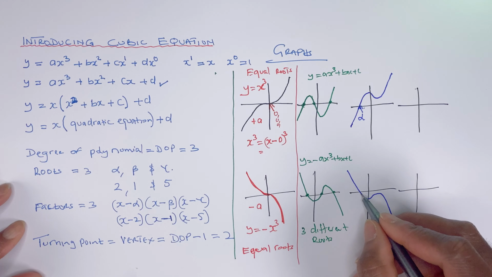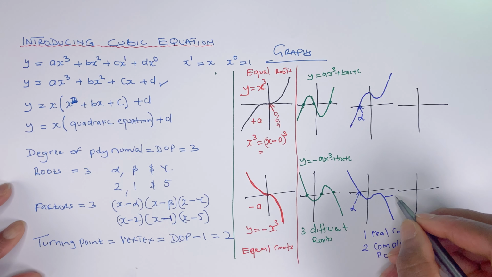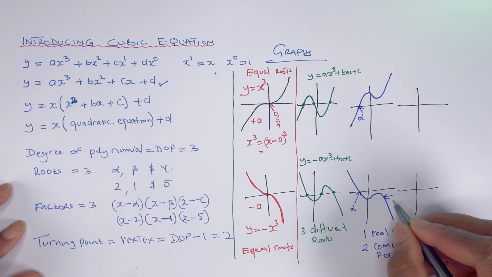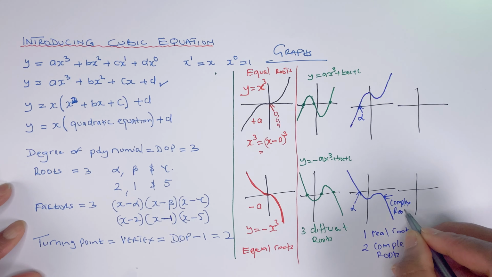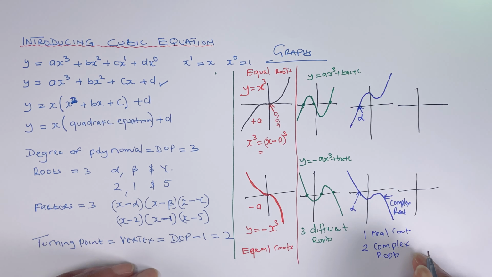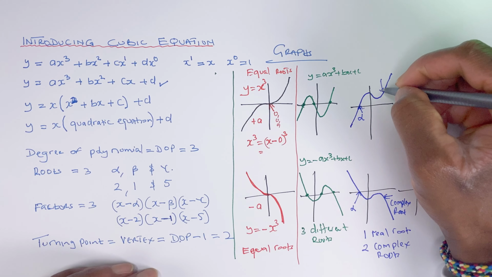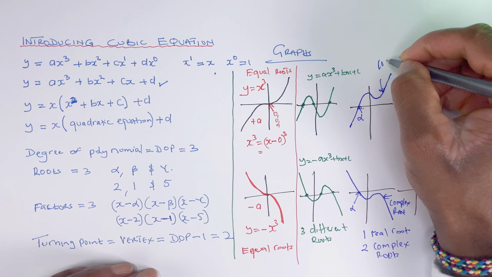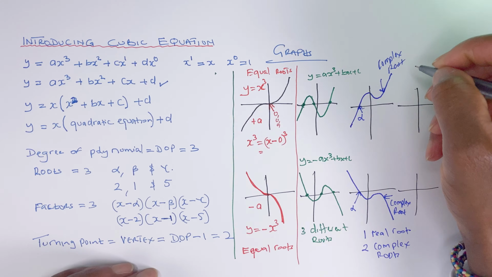This one is a real root, so that's alpha, and these ones are complex roots because the graph did not cross the x-axis.